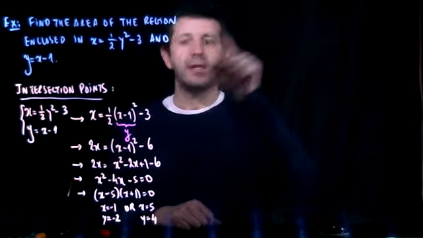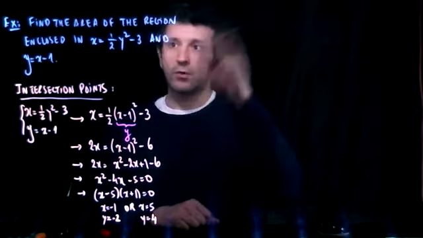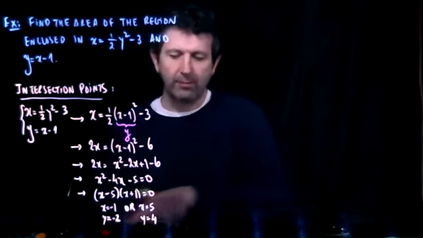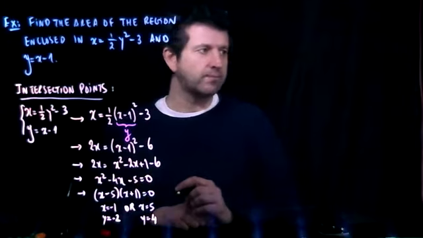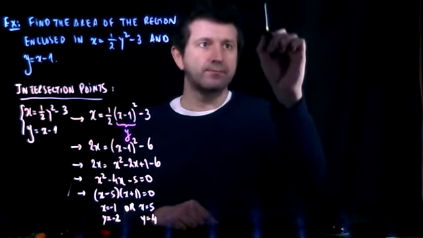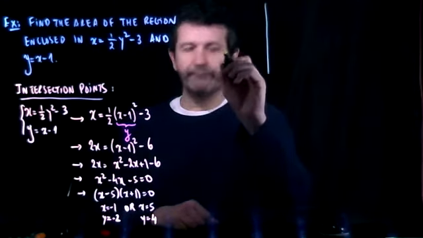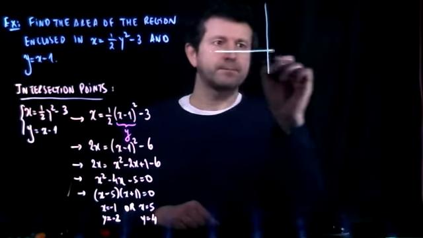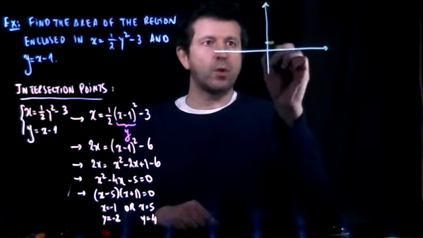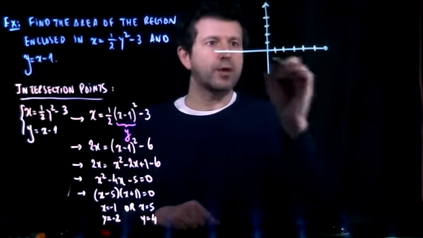Okay, let's try to graph this region now that we have two important points on my region. One, two, three, four, 1, 2, 3, 4, 5.